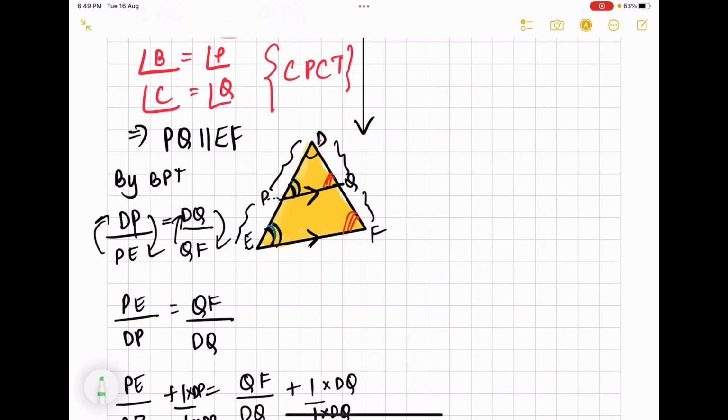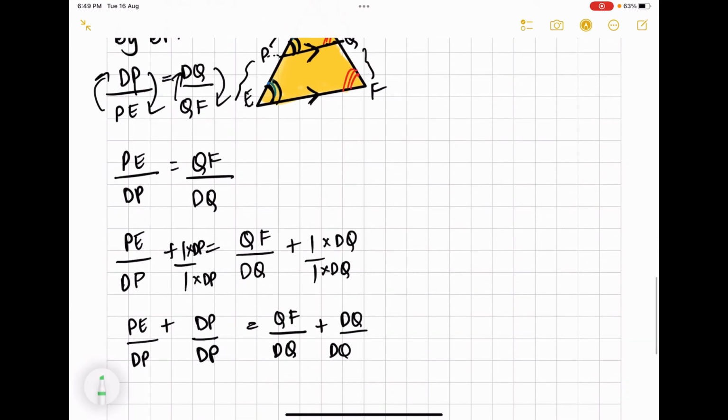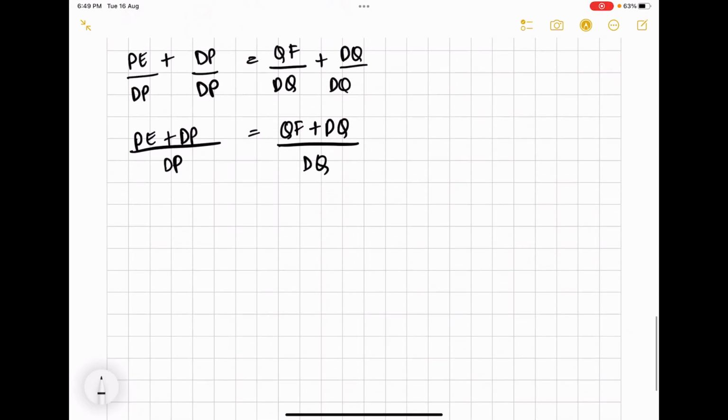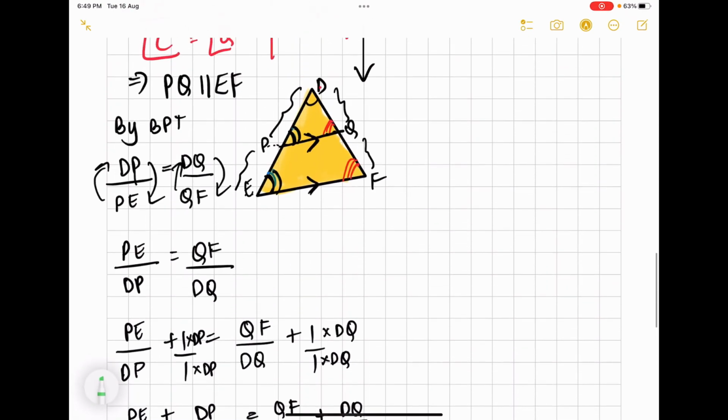Now, let us quickly see what is. Let us write this PE plus DP. Since we have a common LCM, I can write DP in the denominator. QF plus DQ with DQ as a common denominator. Okay. This then gives me, let's find out what is PE plus DP, shall we? This is PE, this is DP.